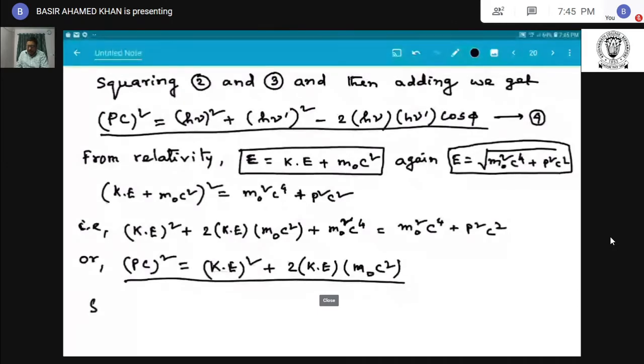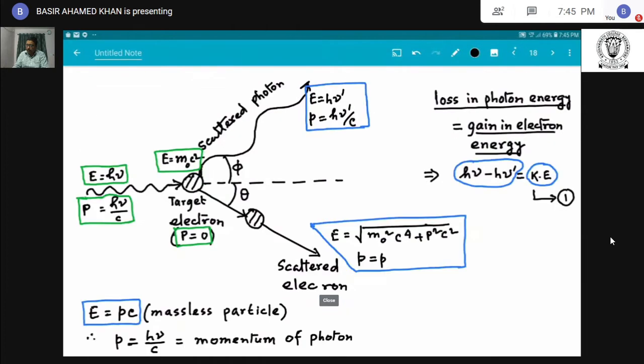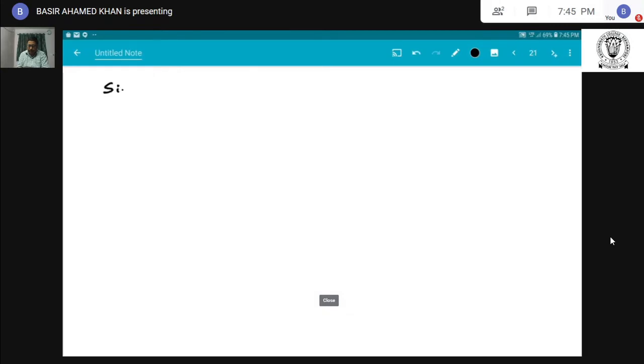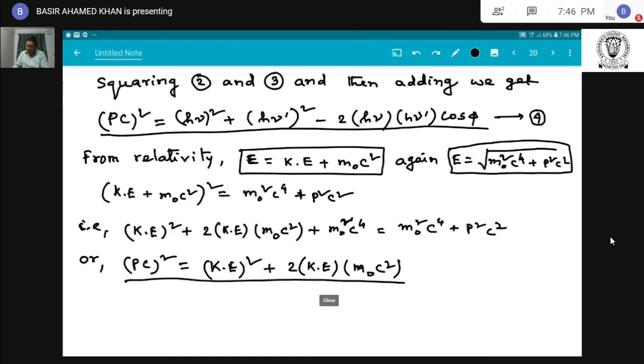Since kinetic energy equal to h nu minus h nu prime, we have p square c square equal to kinetic energy square plus 2 times kinetic energy m0 c square.